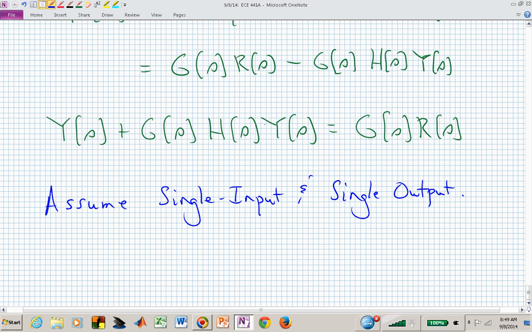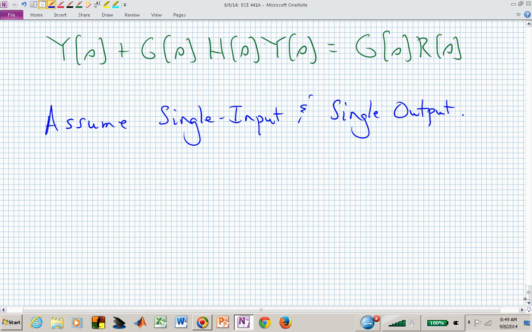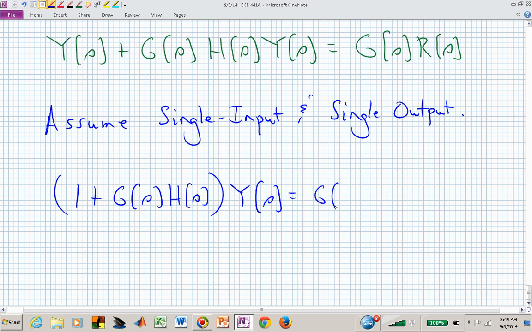G of S is some ratio of polynomials in S. H is likewise. And that allows us to divide by those. If we now combine this, we have 1 plus G of S, H of S, times Y of S is equal to G of S times R of S.